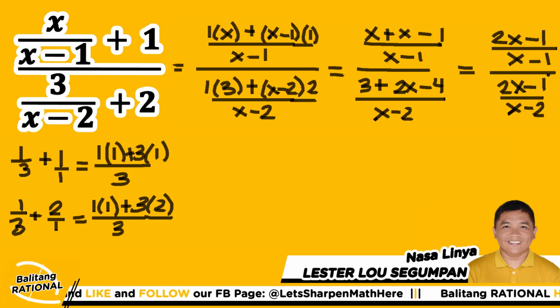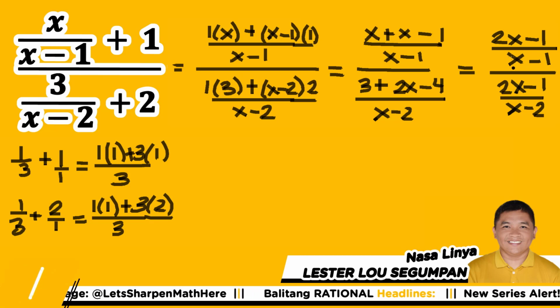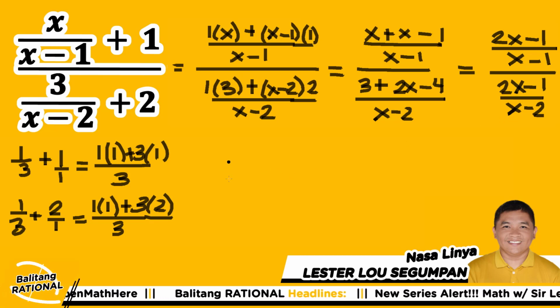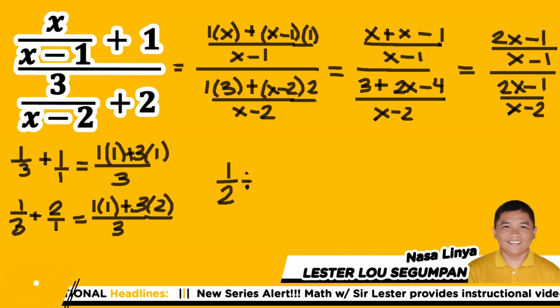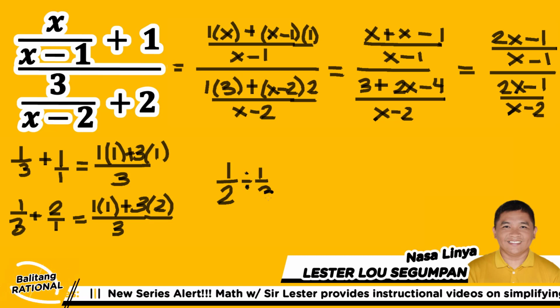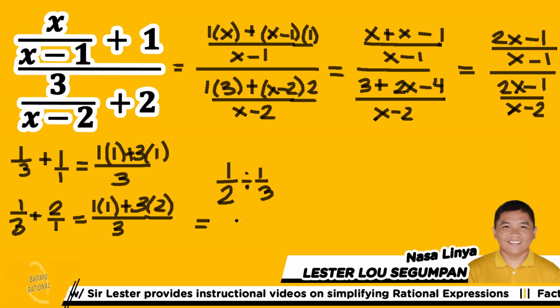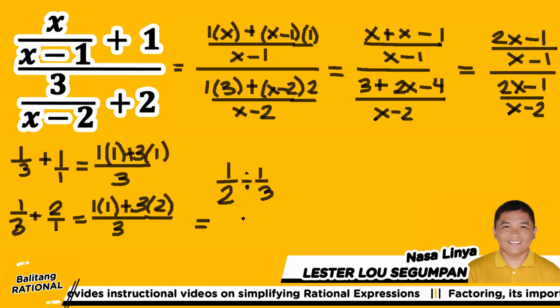In this case, we can now further move to dividing them. When we divide two rational expressions like this, fractions po muna tayo. 1/2 divided by 1/3. Just placing it like this, we are going to use here the keep, change, flip method. The keep, change, flip method is applicable on division of fractions and also applicable sa division ng rational expressions po. Keep, change, flip method means you keep the first or your dividend.